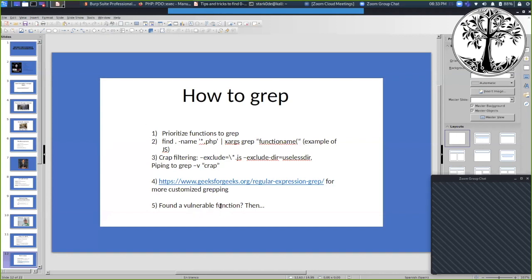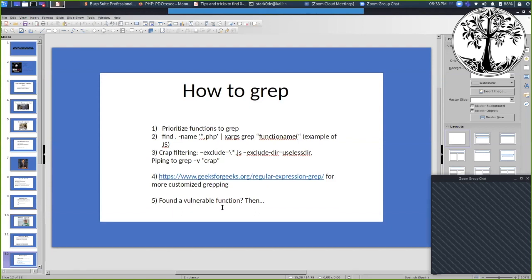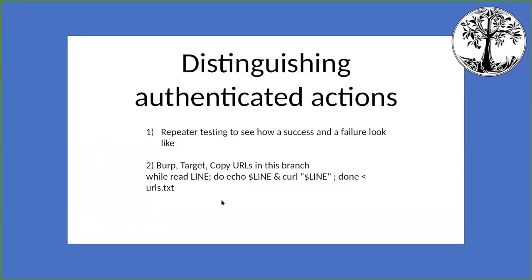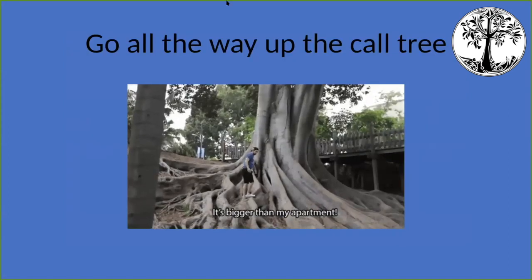So now, if you have found a vulnerable function, or a function that you think is vulnerable, but you need to actually test it, this is what you need to do. Go all the way up in the call tree, because many times programmers don't pay that much attention to functions which are at the root of the tree.